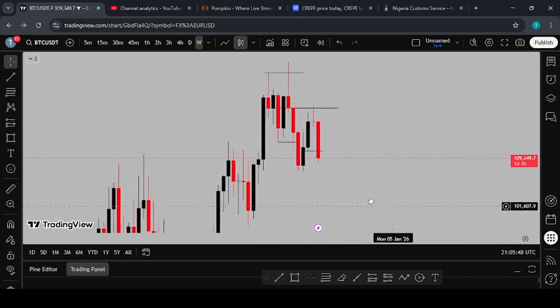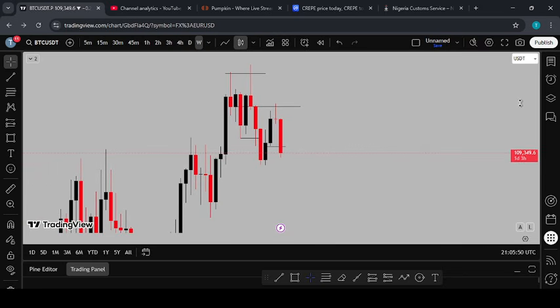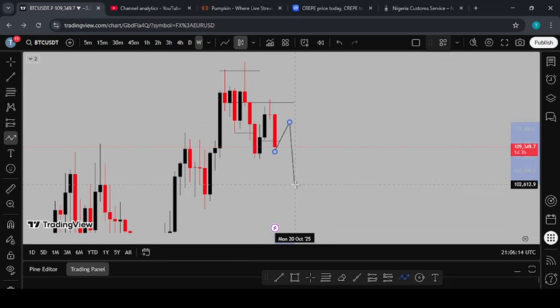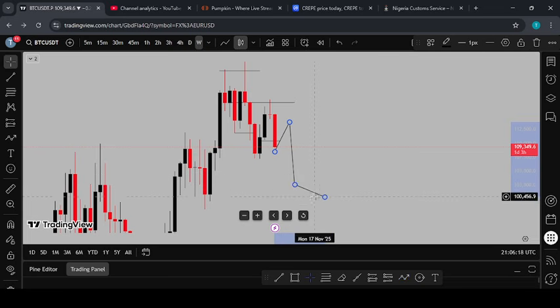So the market can do two things. You can see on this weekly time frame, two things can happen. On the new week, after this candle closes, the market can make a pullback. The new week candle can make a pullback to this sell region before a continuation to lower regions.